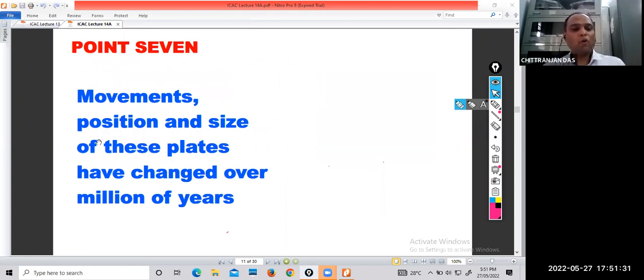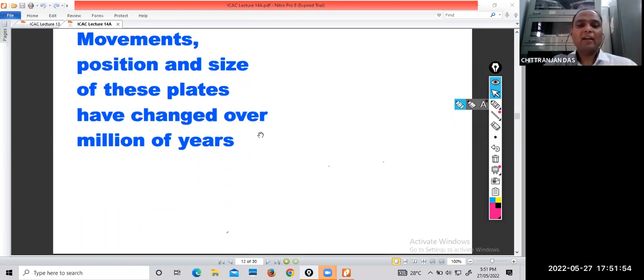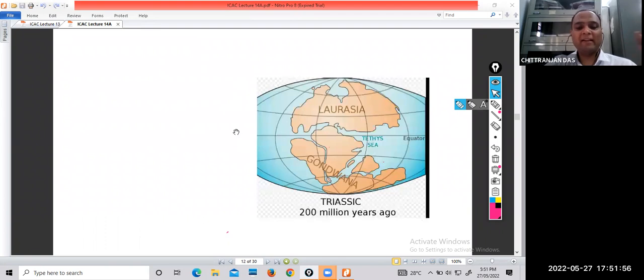Therefore, the movements, position, and size of these plates have changed over millions of years. It has never remained same, okay? क्योंकि ये सब एक्टिविटीज अर्थ पे होती रहती है, इसलिए ये कभी भी सेम नहीं रहा, ये हमेशा चेंज होता रहा है. Okay, and that is called as plate tectonics.